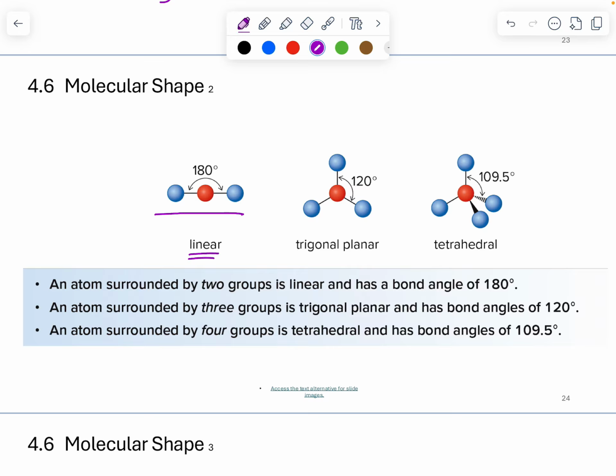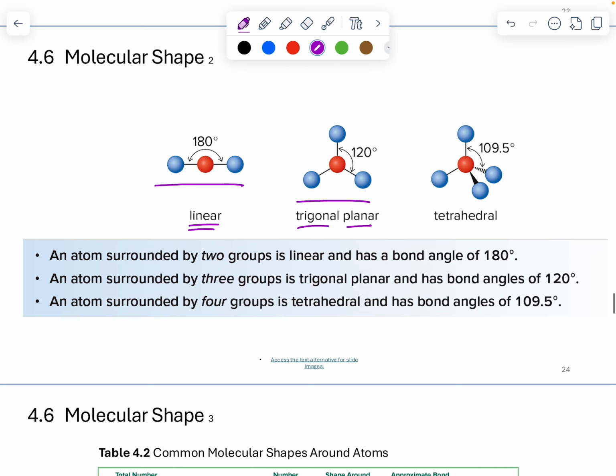If you have an atom that is surrounded by three groups, as we see here, then the shape is called trigonal planar. Trigonal planar. So we have again the central atom in red, and there are three atoms around the central atom, and the configuration that puts these three atoms as far away from each other as possible is the shape you see here, trigonal planar, where you have 120 degrees between the bonded atoms.